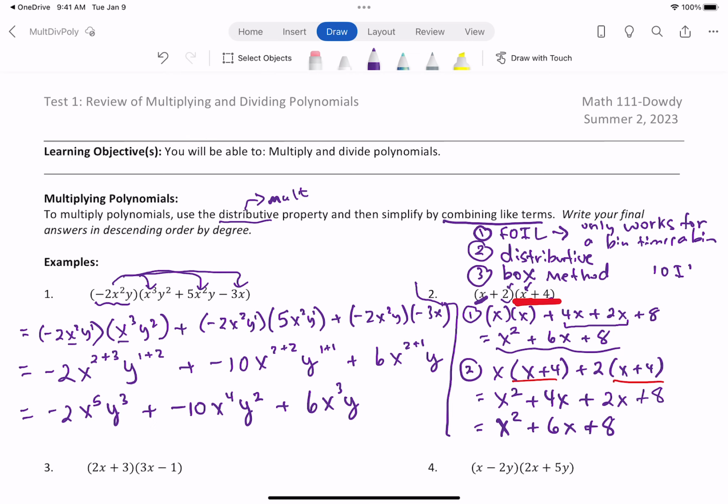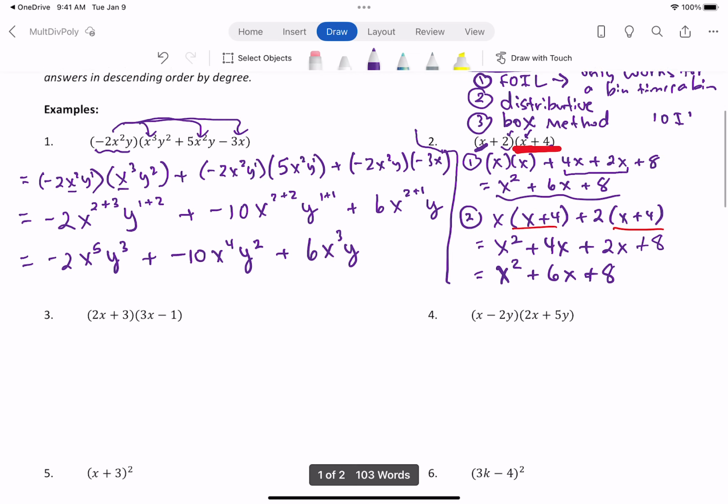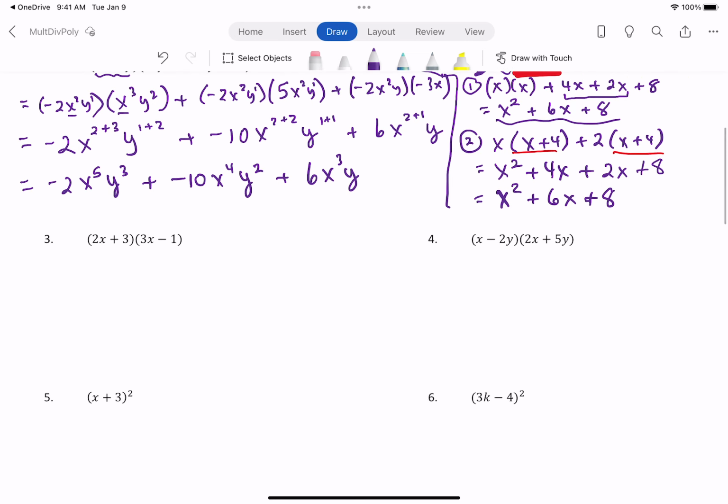Now because of space, I'm going to go ahead and just use the box method on the third one so I can demonstrate that. So the box, we're basically going to take the terms that are in the first parenthesis and I'm just going to list them. That's a positive 2x and a positive 3.